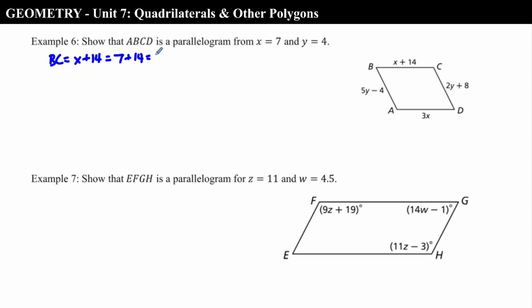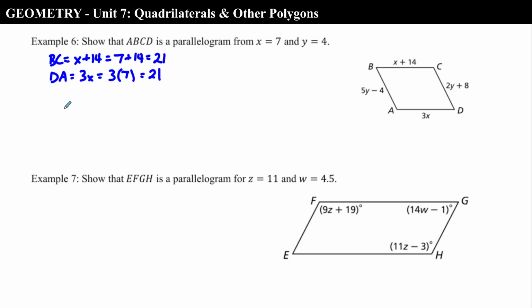And that gives us 21. We're going to take DA, which is the opposing side. We're going to put in 7 here for x, and we're also going to get 21 here. So we have shown that BC and AD are congruent.